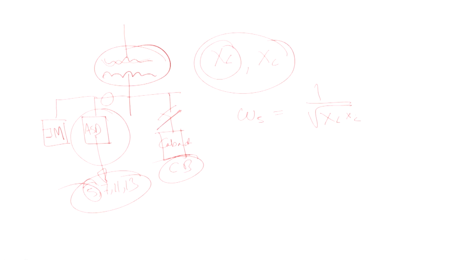Then what will happen? Sorry, it is basically L leakage and C. Ultimately, you have chosen a capacitor to mitigate this problem, but this entity is there.